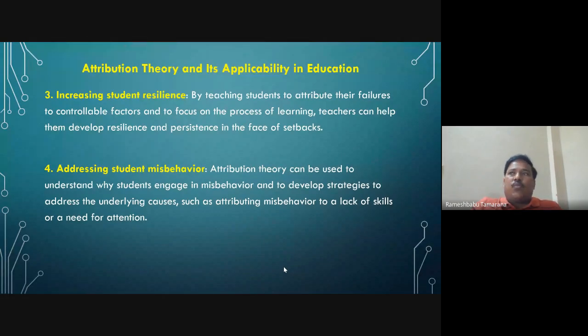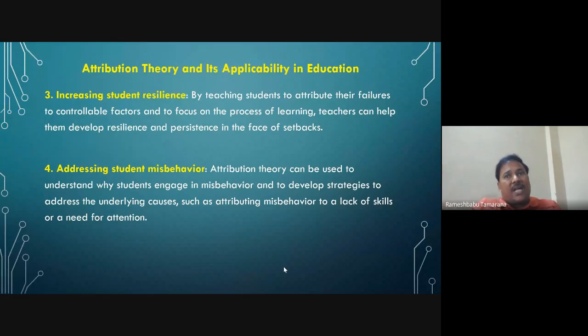For example, why you have misbehaved with the girl, probably the boy has a reason. Or for example, why you engage in academic dishonesty, like finding chits in the examination, rather than preparing for the examination. That is misbehavior from the academic perspective.